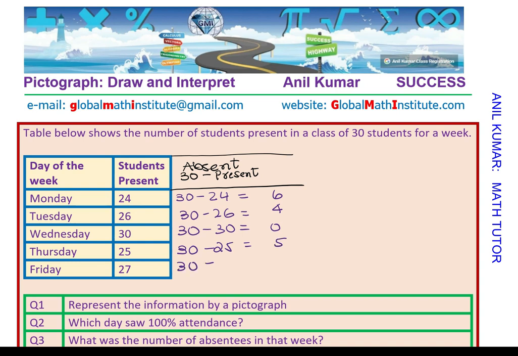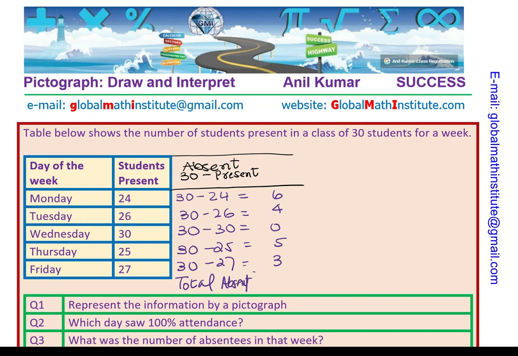And then 30 minus 27 on Friday will give me 3. So total absentees. Add them all, correct? 6 and 4, 10, 5, 15, and 3, 18. So we get this answer, 18 students. So 18 students were absent during the week.